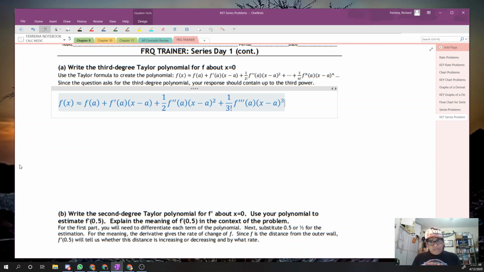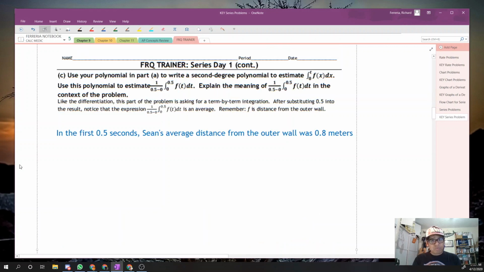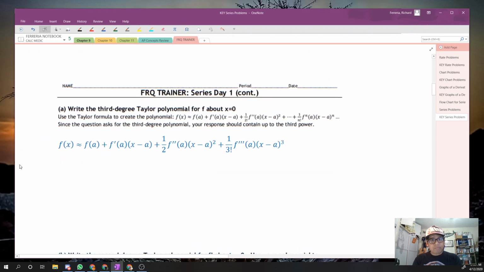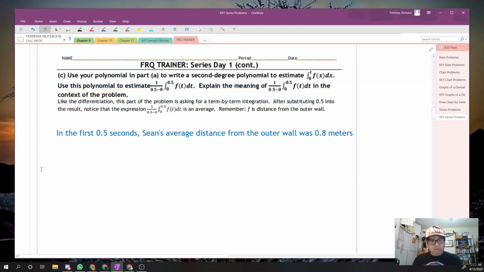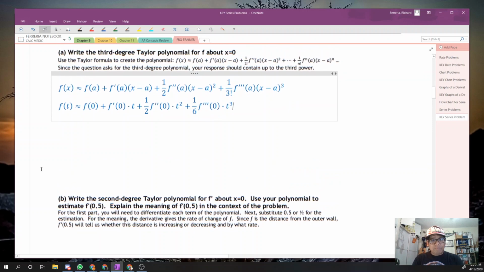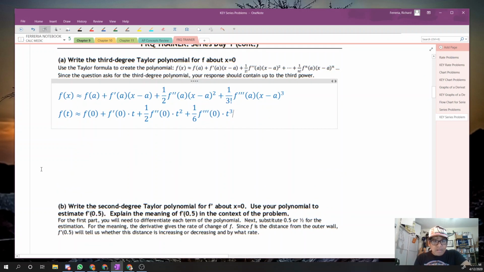Now that you have the basic Taylor polynomial format, you're going to go ahead and substitute the values that you know. So I think the first thing that we're going to do here is we're going to substitute 0. Yeah, we substitute 0. And that's my value of a.